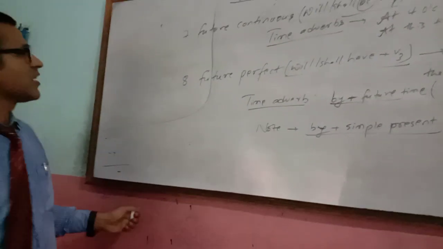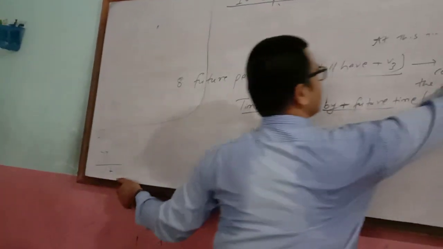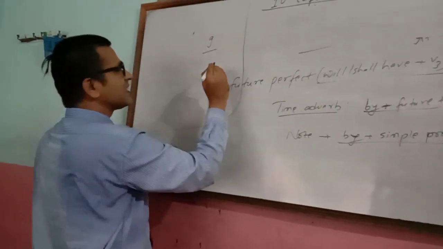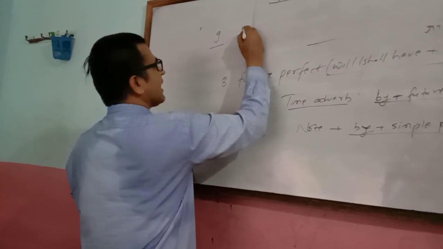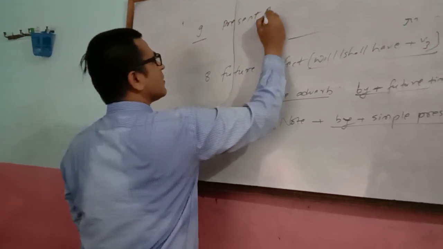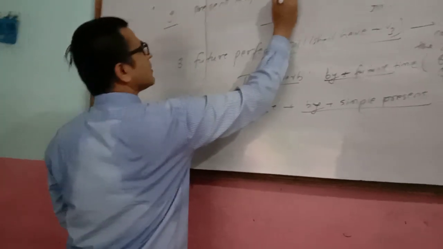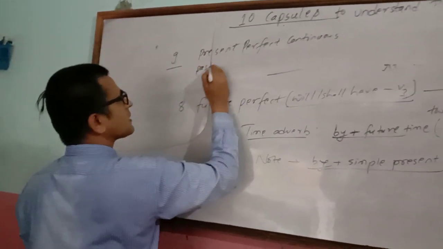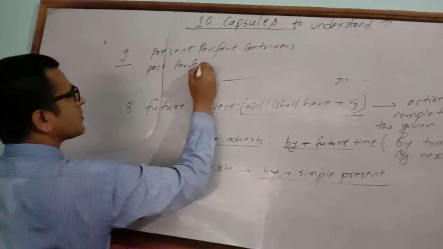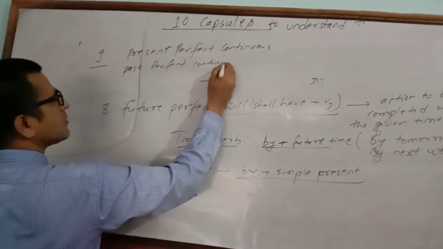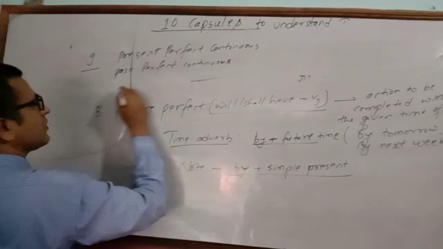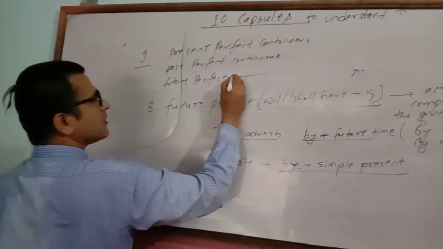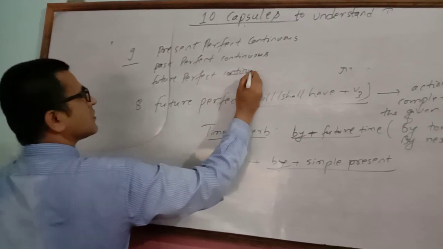Now time for capsule number 9, very important. And here in capsule number 9, we merge all three tenses. What are they? Present perfect continuous, past perfect continuous, and future perfect continuous, because they have some same features.